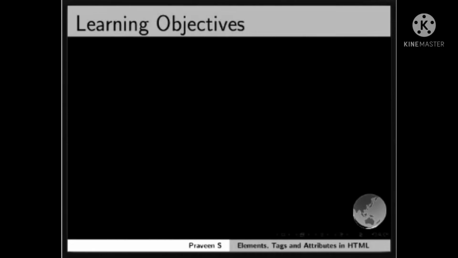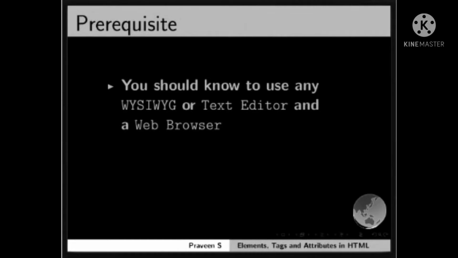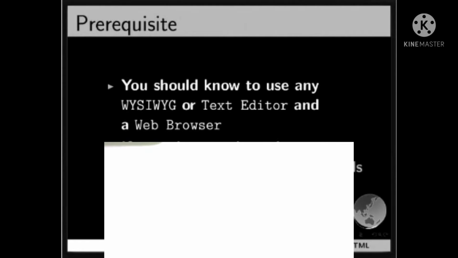In this tutorial, we will learn about elements, tags, and attributes in HTML using some examples. To practice this tutorial, you should know how to use any WYSIWYG or text editor and a web browser. If not, then go through the gedit text editor and Firefox tutorials on this website.